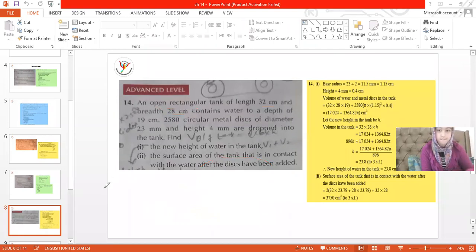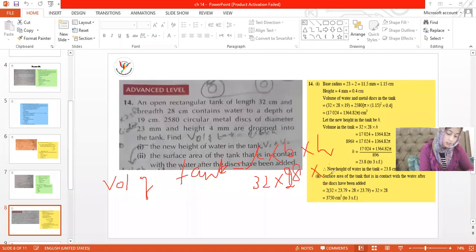What I am going to do, I am going to write it here, volume of tank. The volume of tank will be equal to length multiply breadth multiply height. Clear? 32 multiply 28 multiply 19.